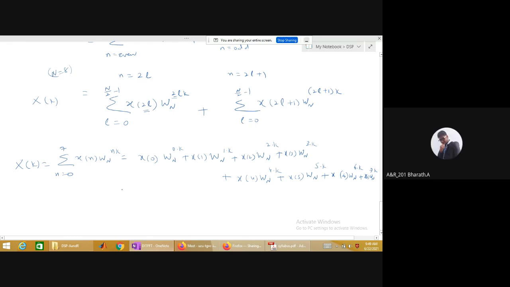This is a normal DFT expansion for n equal to 8, isn't it? Yes, sir. I want to take only these terms: 1, 2, 3. These 4 terms I want. Out of the 8 terms, only these 4 terms I wanted to put at separate summation. How can I do it? So this underlined part, is it not reflecting in the summation? Yes, sir.